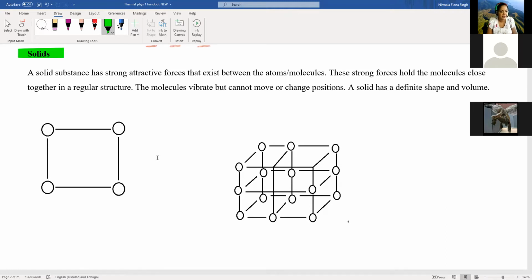The molecules vibrate but cannot move or change positions. A solid has a definite shape and volume. So these are what help us to define a solid. One, it has a definite shape, and it has a definite volume. We can measure the actual volume, well, actually, at all times you can measure the volume. We can describe its shape perfectly.